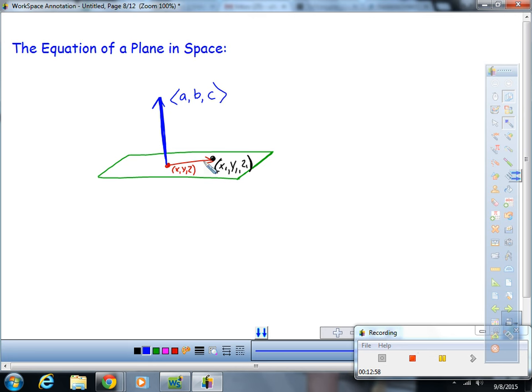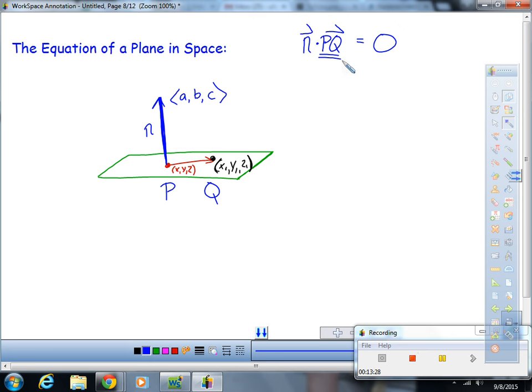Well, what we want to do is represent the plane as the set of all points. Let's call that n. Let's call that PQ. We want to define this green plane as the set of all points so that n dot PQ equals 0. The set of all points that contain the vector perpendicular, or the vectors, I should say, perpendicular to our joystick, to n.